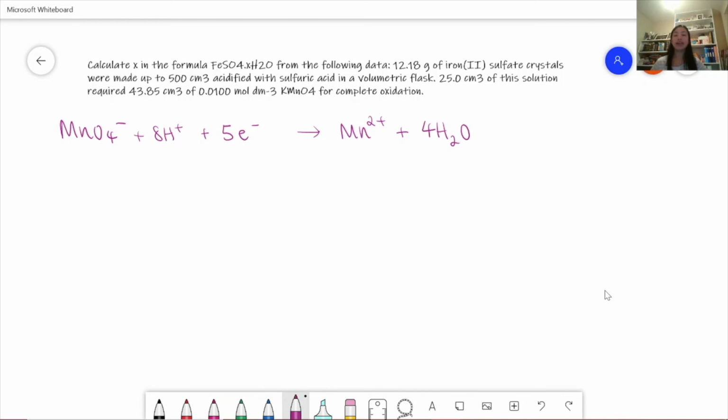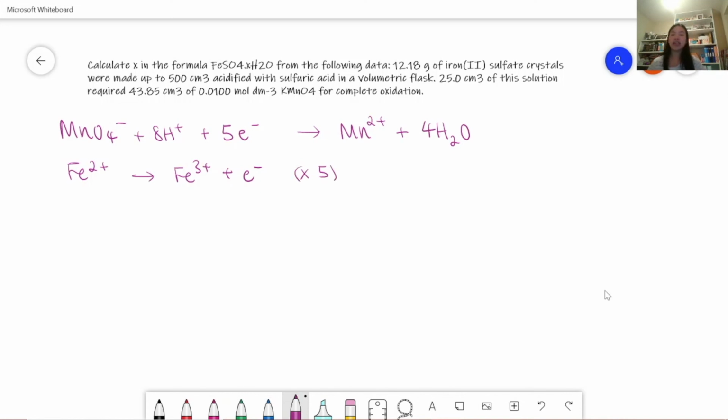And now we need to balance the Fe2+ to Fe3+ equation. So we have Fe2+, and if we remove an electron, we get to Fe3+. So these are the two half equations, and now we combine them to make the overall equation. And we can see that the ratio is 5 to 1, and so we need to multiply the second equation by 5.